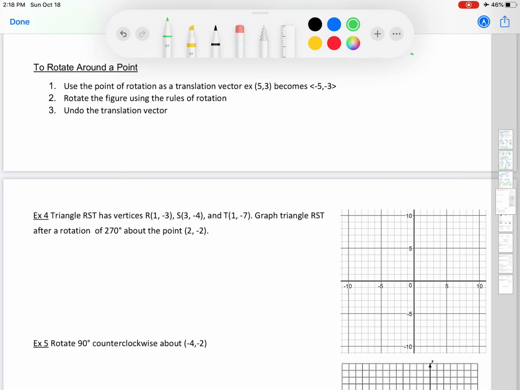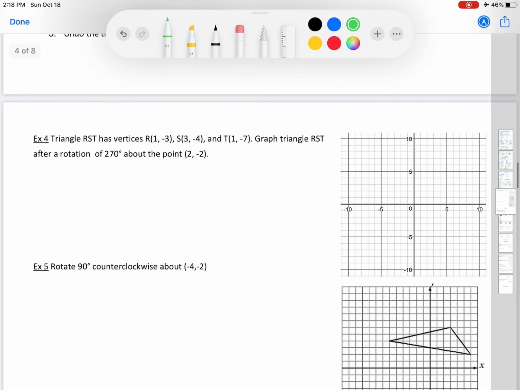So the first step in doing that is to use the point of rotation as a translation vector. So it's like moving your coordinate point or adjusting your points as if they were going to the origin. We're then going to use the rules of rotation to rotate our figure, and then we're going to move our figure back. So let's look at an example so we can try to explain this a little bit better.